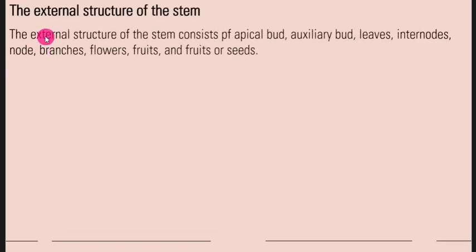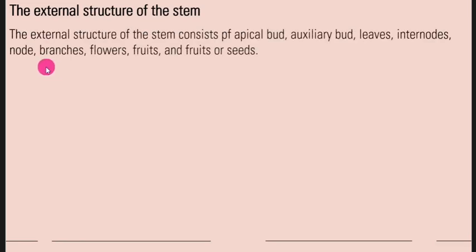Now we'll talk about the external structure of the stem. So we are done with the root. Now we are moving to the stem. All right, so now we'll be looking at the external structure of the stem, guys.